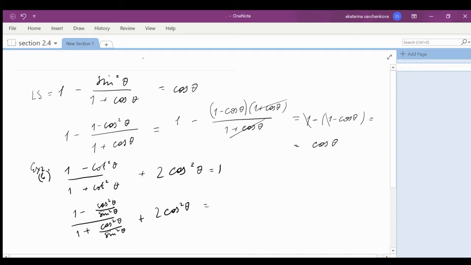Here I'm bringing to common denominator, so I have sine square of theta minus cosine square of theta divided over sine square of theta. Denominator: sine square of theta plus cosine square of theta divided over sine square of theta.